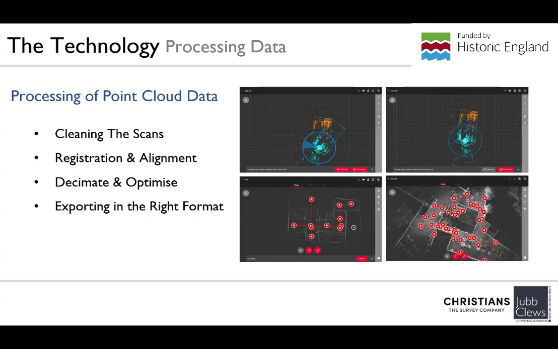Decimate and optimize, reducing the file size while maintaining accuracy. This makes processing faster without sacrificing detail. And exporting them in the right format, so choosing a format which is compatible with other software such as LAS files and E57s.